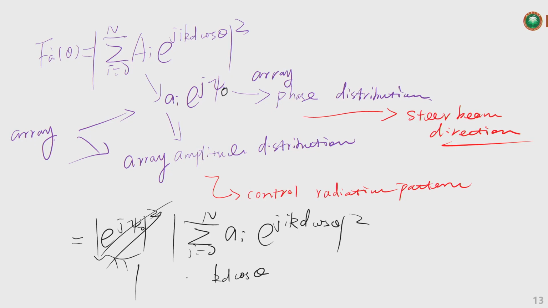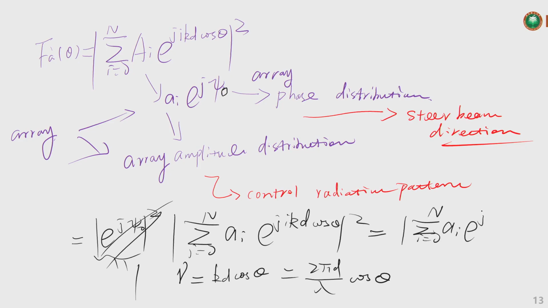So we can use gamma to express that, and it also equals 2 pi d over lambda times cos theta, so it's wavelength related. This part can also be simplified as the sum from i equals 0 to n of A_i times e^(j i gamma), squared.